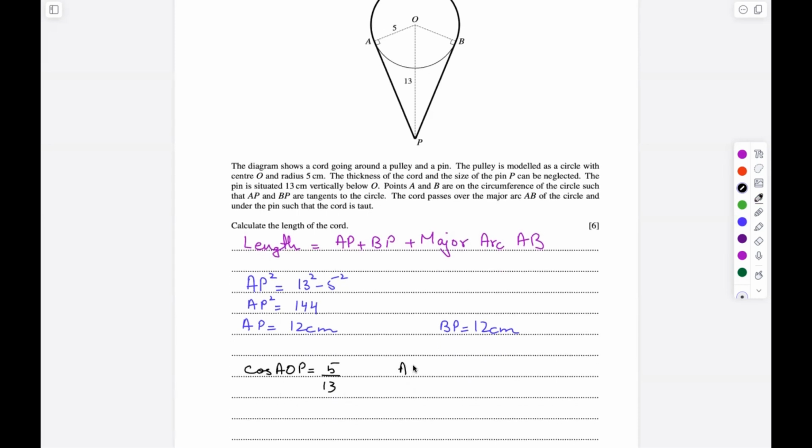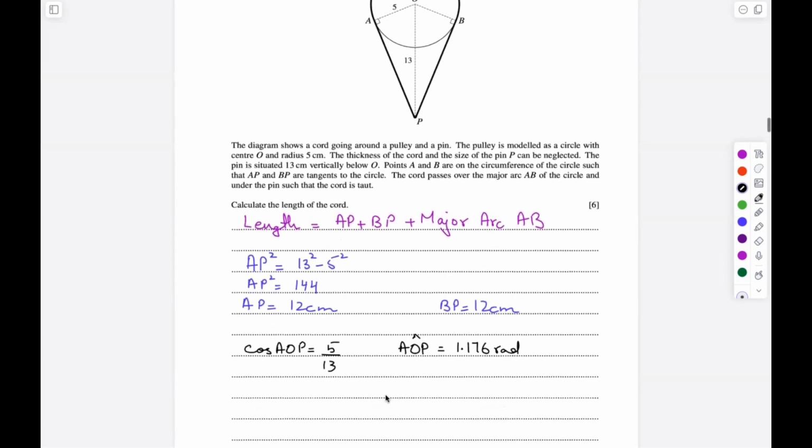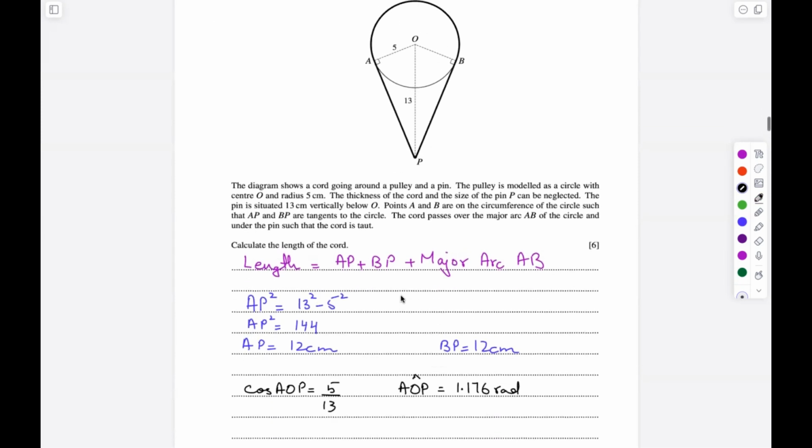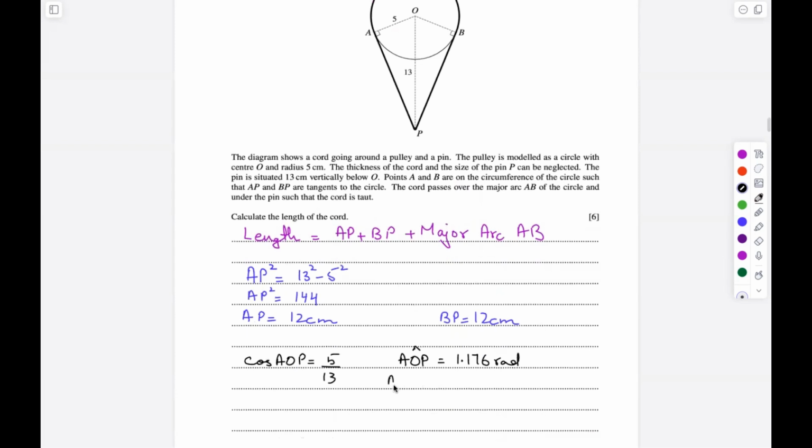So angle AOB will be 1.176 multiplied by 2, which is 2.352 radians.